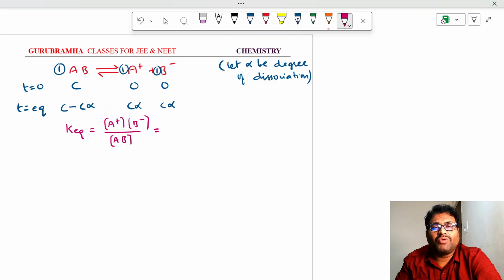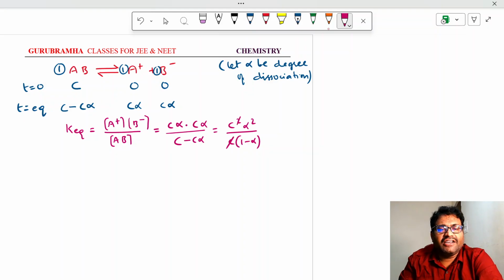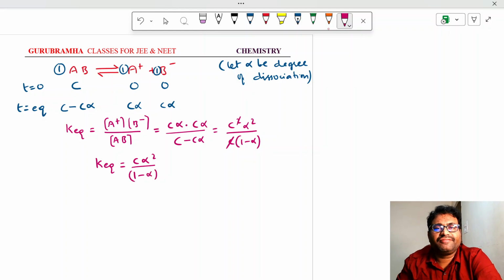The concentration of A plus is C alpha and the concentration of B minus is C alpha, divided by AB, which is C minus C alpha. If you write this, C square alpha square by C into 1 minus alpha. C gets cancelled. Then K equilibrium can be written as C alpha square by 1 minus alpha.